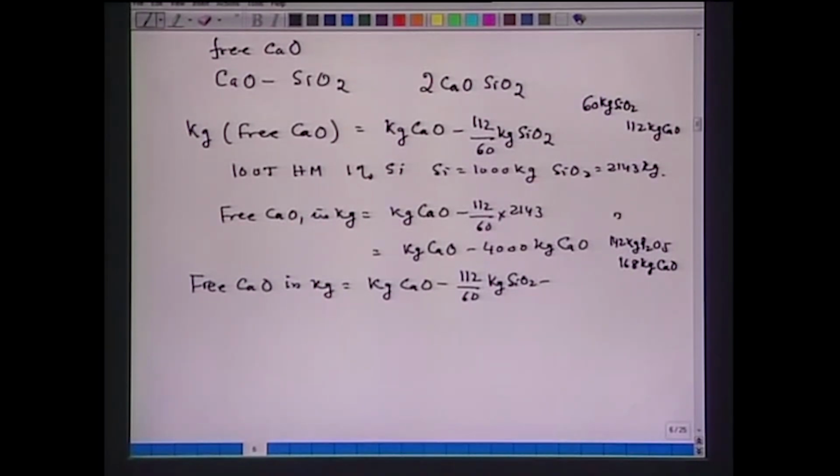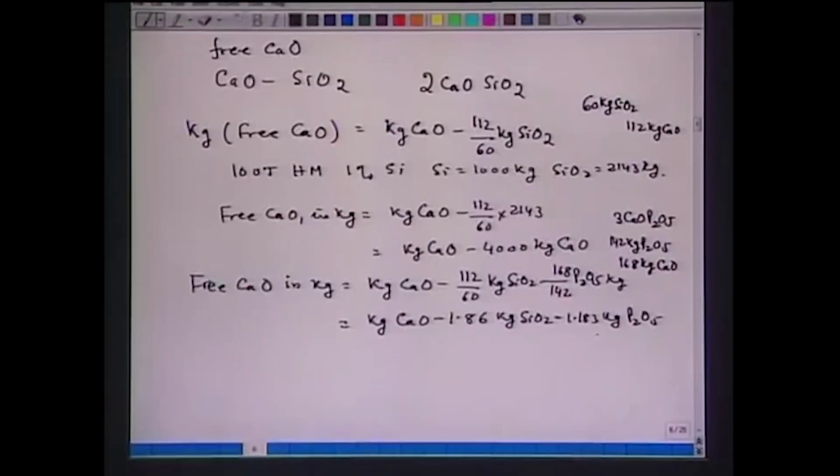We are considering the compound 3CaO.P2O5. So, that will be minus 168 upon 142 P2O5 in kg. If I put it this way, this will be kg calcium oxide minus 1.86 kg SiO2 minus 1.183 kg P2O5. So, that is the concept of free calcium oxide in the slag.